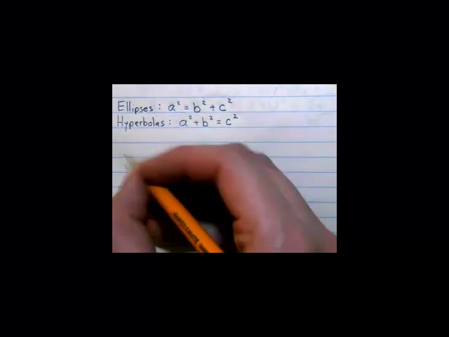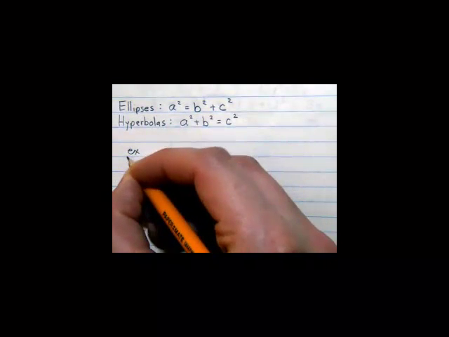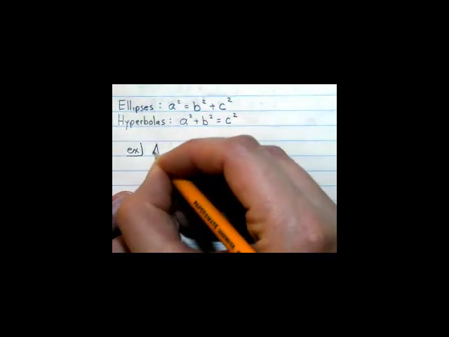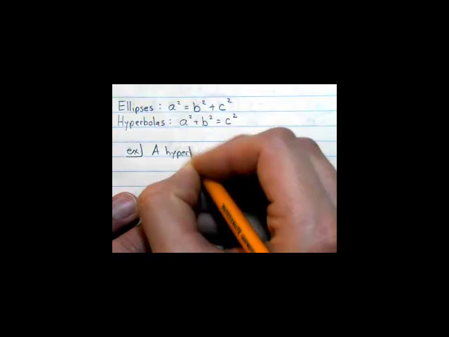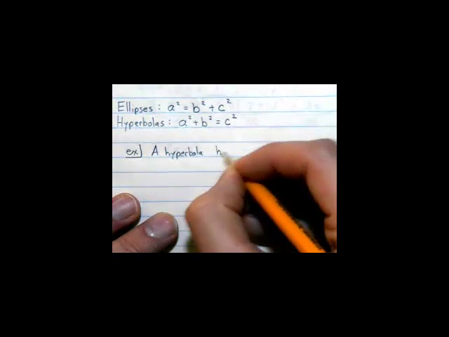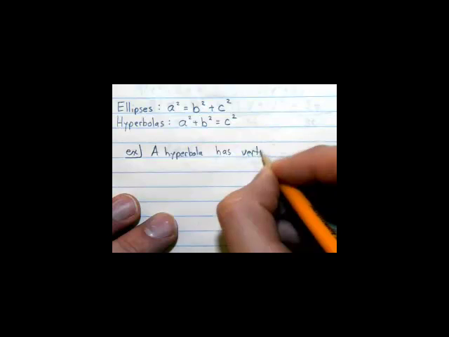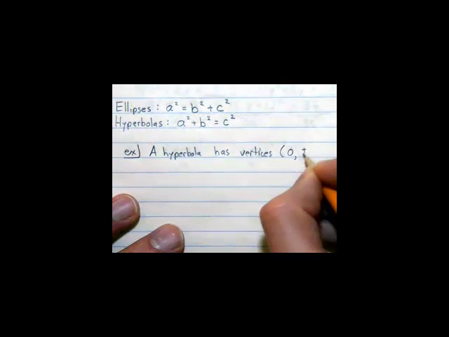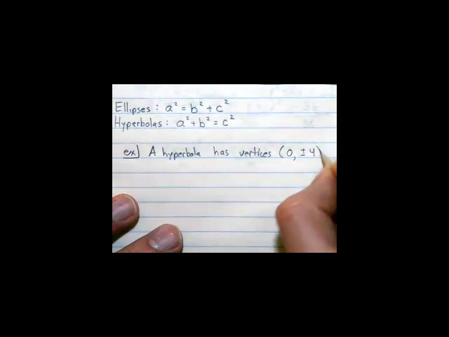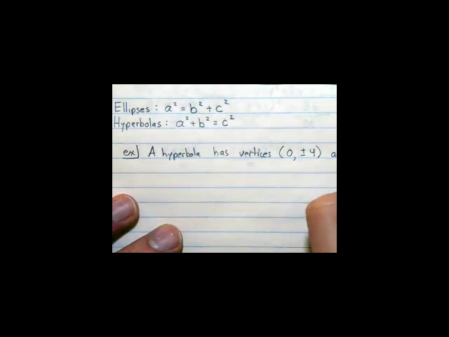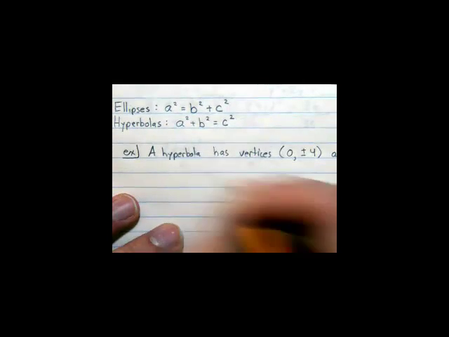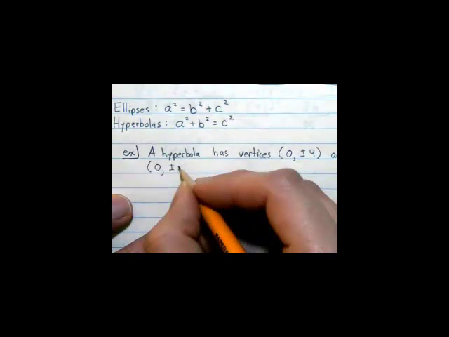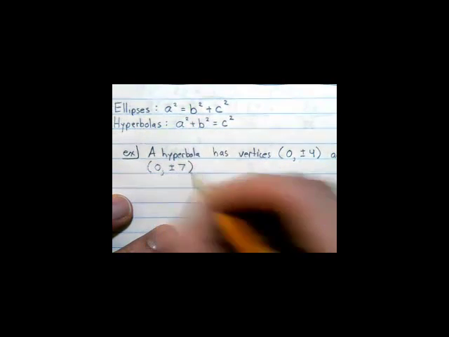So, real quick, we'll keep it centered at the origin for right now. So let's say a hyperbola has vertices (0, plus or minus 4) and foci (0, and I got to make them further out, so plus or minus, let's say 7).